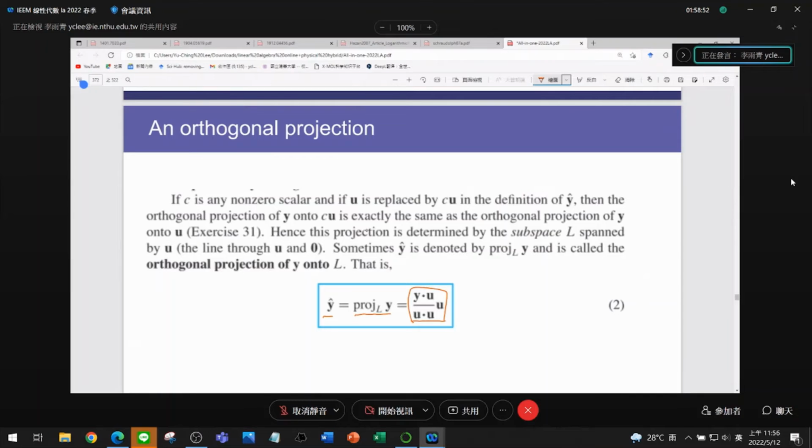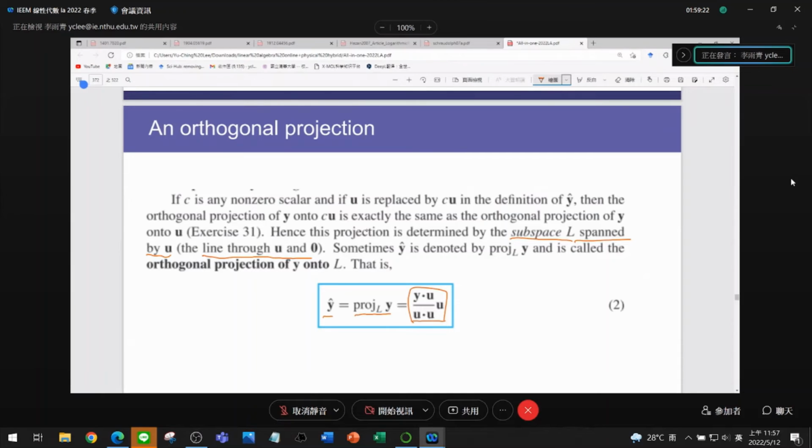Another notation of that is called projection onto a subspace L. Such a subspace L is spanned by u. So here the subspace L is the line passing through u and 0.